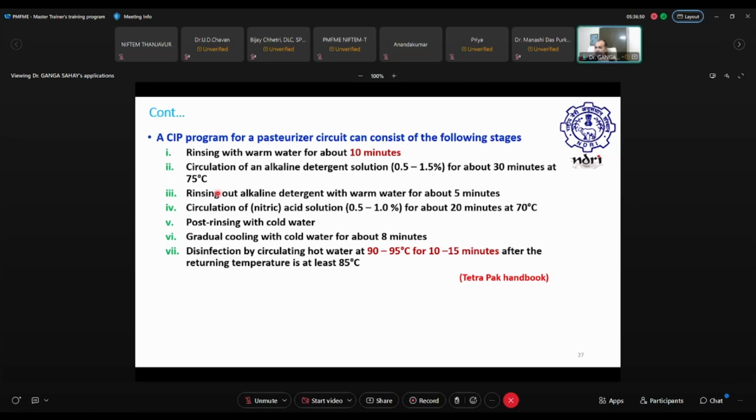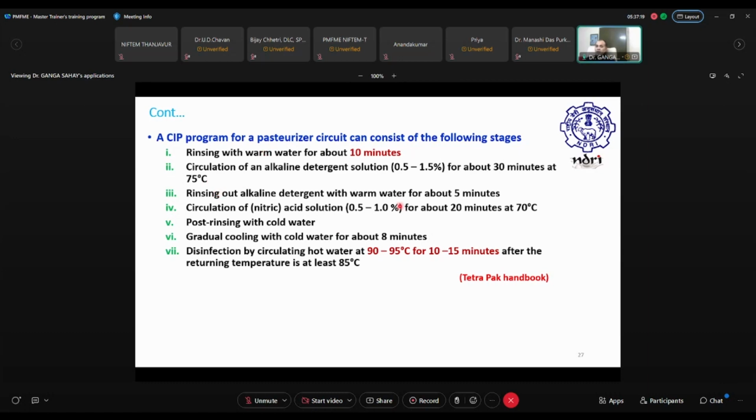So chemical and its concentration, time, temperature, and the degree of turbulence, which is also necessary because it provides the required forces. These four parameters have to be maintained properly during cleaning of any equipment. If you deviate from any of them, your cleaning will be compromised. It won't be as efficient as we are looking for.